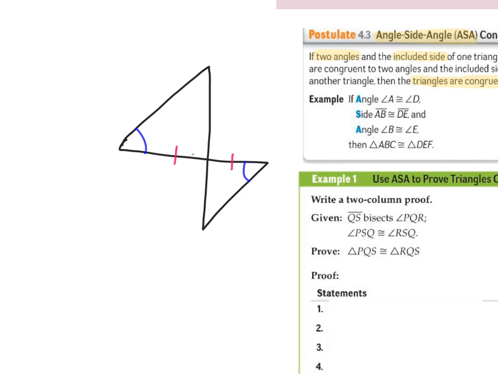Last thing, if there is an X shape right here on our triangles, remember these are known as vertical angles, so the purple is vertical angles, and those are always congruent. So we have two congruent angles, purple and blue, and the included side, which we colored with pink. Therefore, both of these triangles would be congruent.